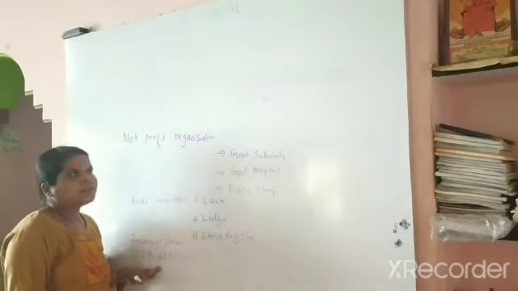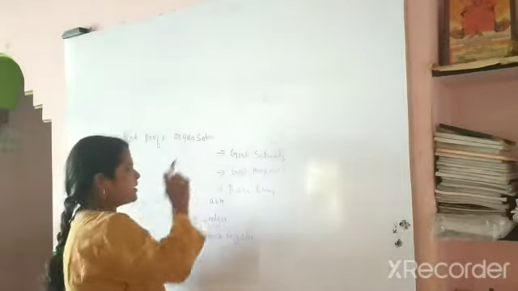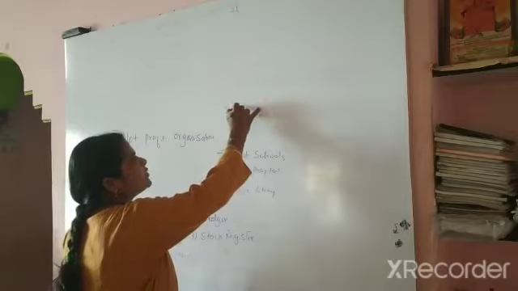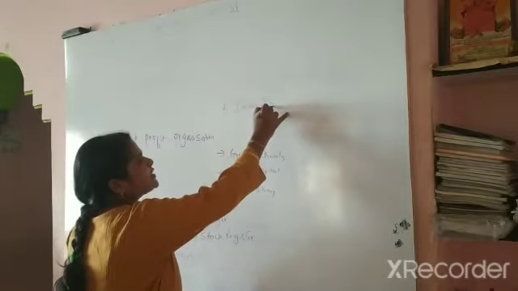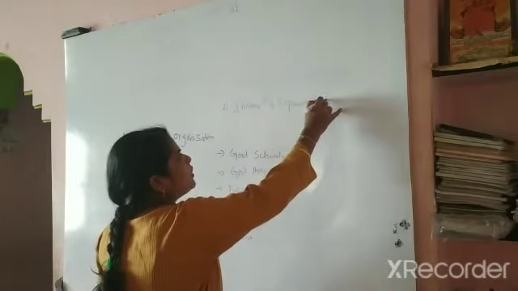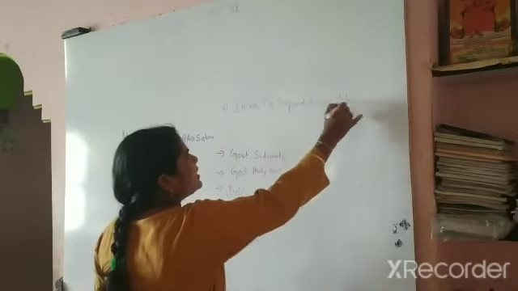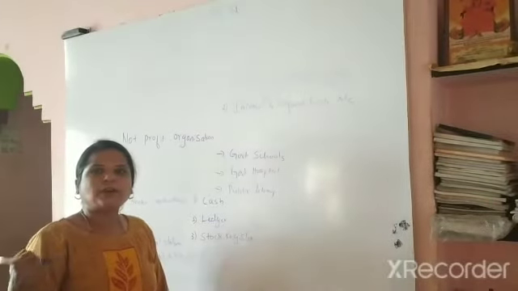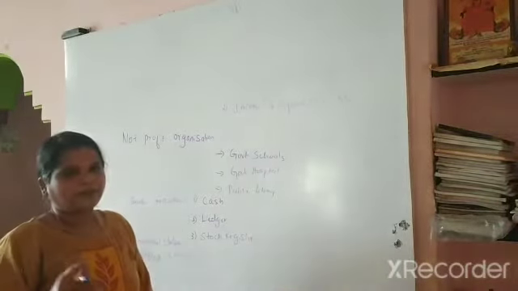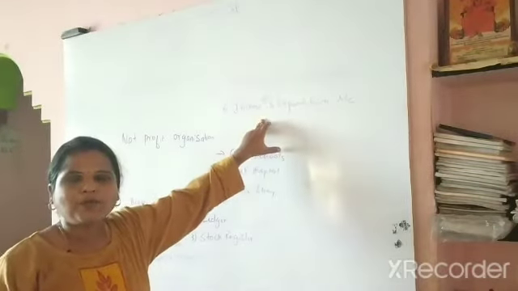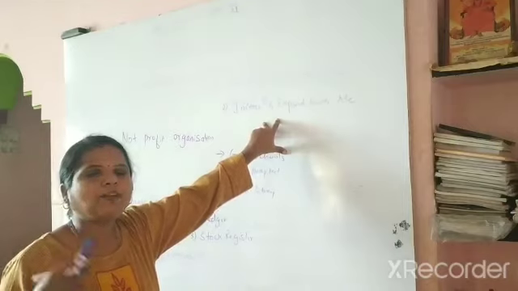The second one is the income and expenditure account. In the income and expenditure account, we record all the expenses and all the incomes related to the non-profit organization and find out the net profit, which may be in the form of surplus or deficit.